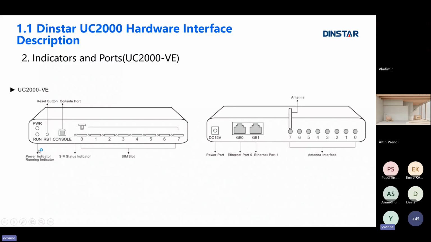On the front panel, there are the power and the ROM indicators to show the device ROM status, and the RST button to reset the device back to default, and the console cable for local management and configuration of the device, allowing the administrator to access the device's command line interface, and the SIM slots with the indicators to show the port status.